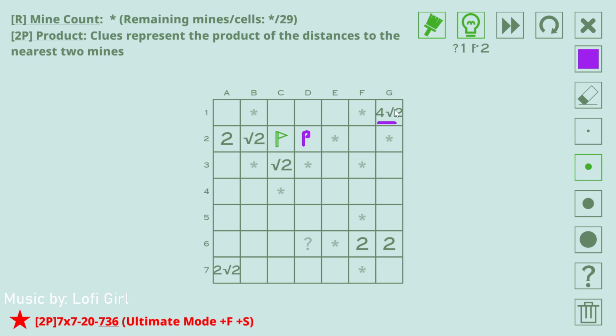Yeah, root 2 times 4 just does not work out because it's not 4 away. This must therefore be 2 times 2, this kind of thing. And then all these are mines. And then that still somehow figures itself out. Yeah, I don't see the problem. Do you see the problem? Might have to consult the hint here because I'm actually just stumped as to what I'm supposed to do with this.